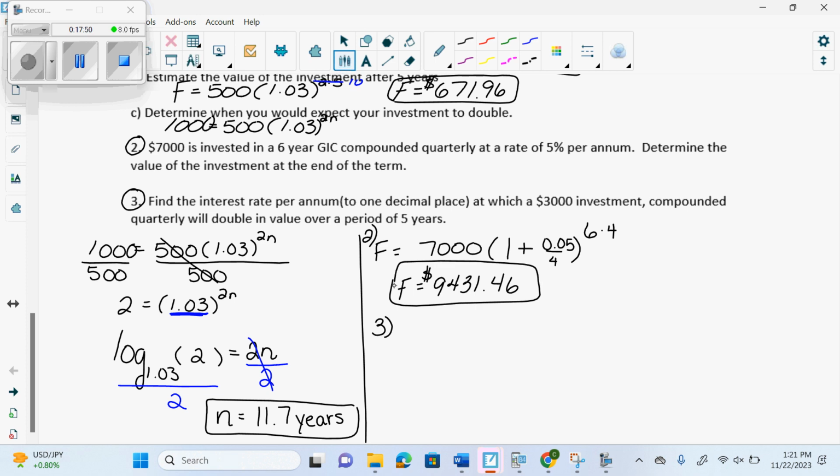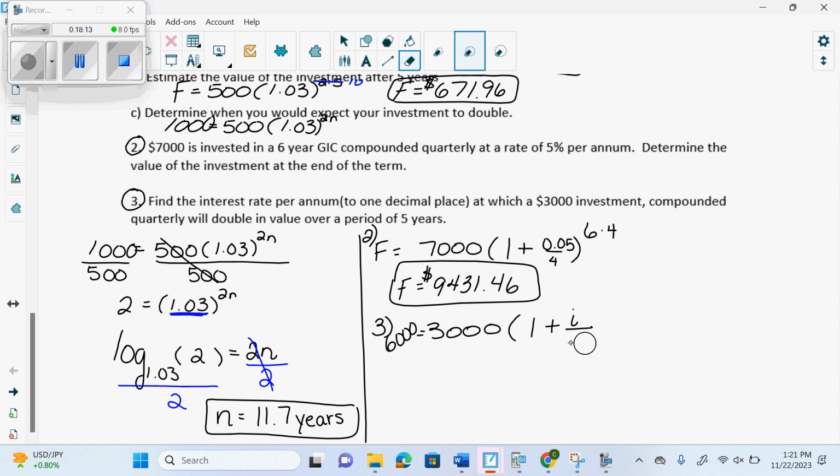Okay, 3. Find the interest rate. So this one's making us find i. 1 decimal place at which a $3,000 investment doubles. So I get 6,000. Compounded quarterly. So I'm going to go 1 plus i divided by 4. And then 5 years, so 5 times 4.